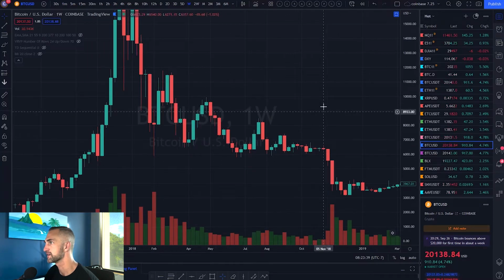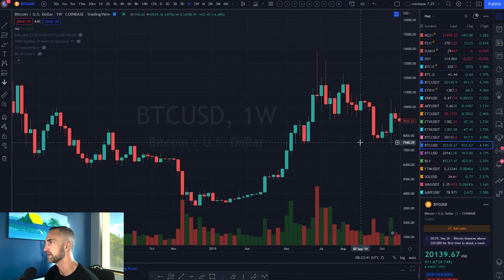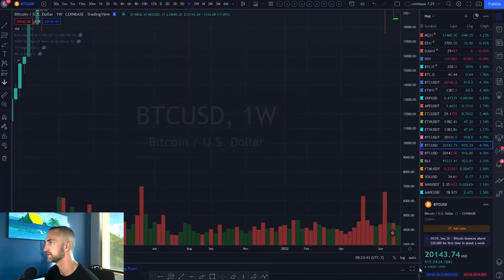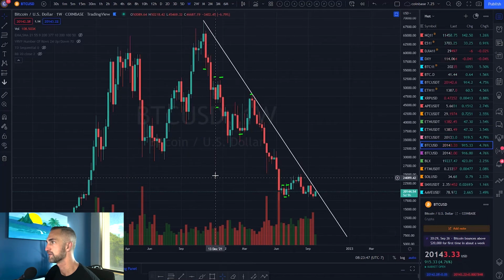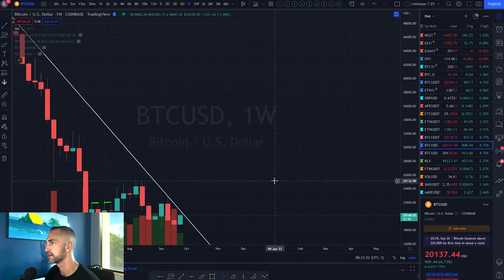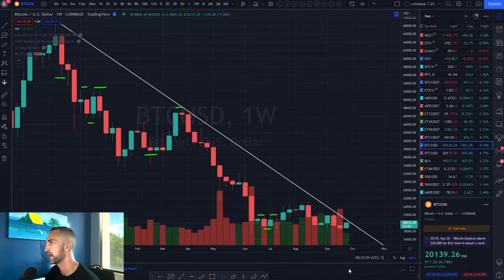Massive ascending triangle. Do we see any symmetry on what's going on right now? Just curious. Could that be a massive triangle? No, it doesn't look very confluent. However, something like this would be.